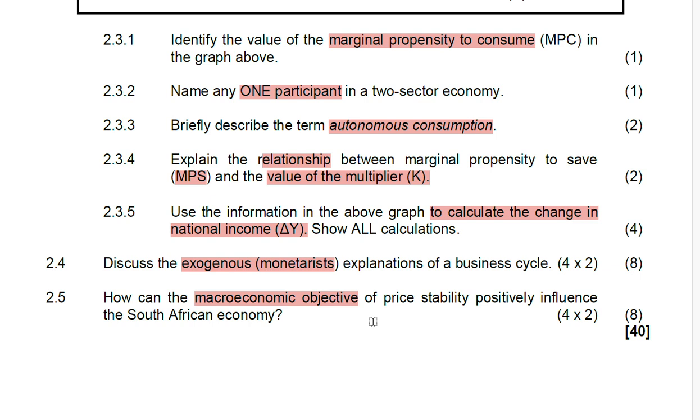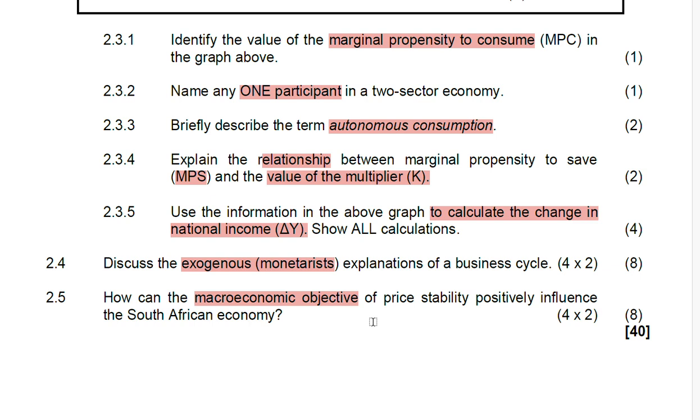Price stability maintains the purchasing power of money since the real income of households is better preserved. It helps to maintain demand for South African exports on the global market, thereby ensuring exchange rate stability. Extreme fluctuations in the business cycles may be avoided, which promotes more sustainable economic growth.